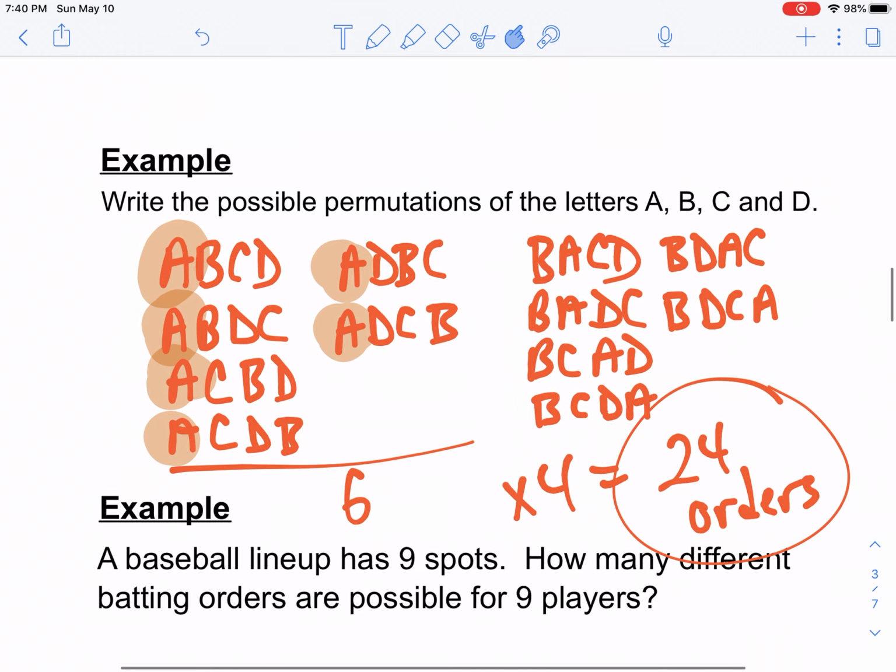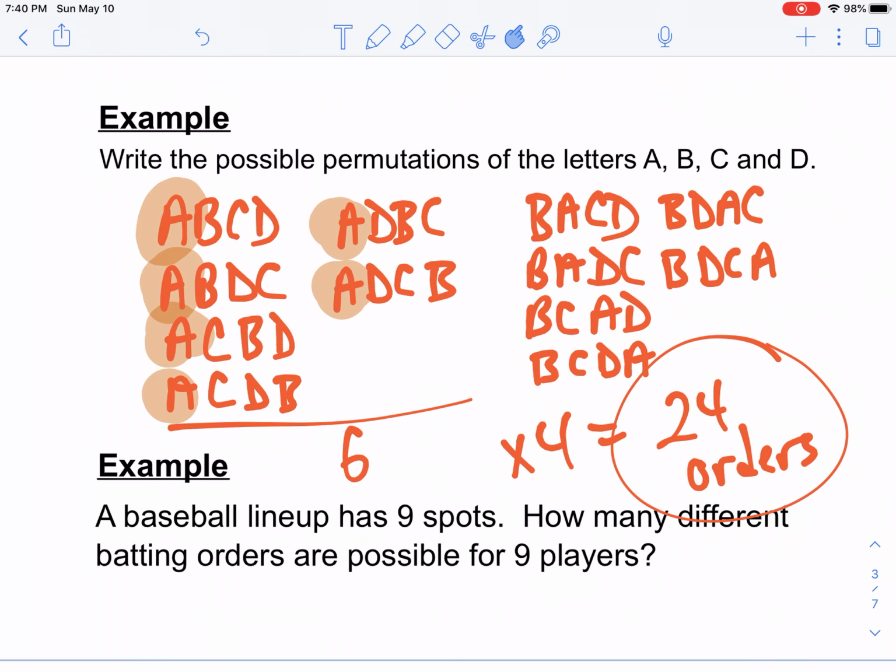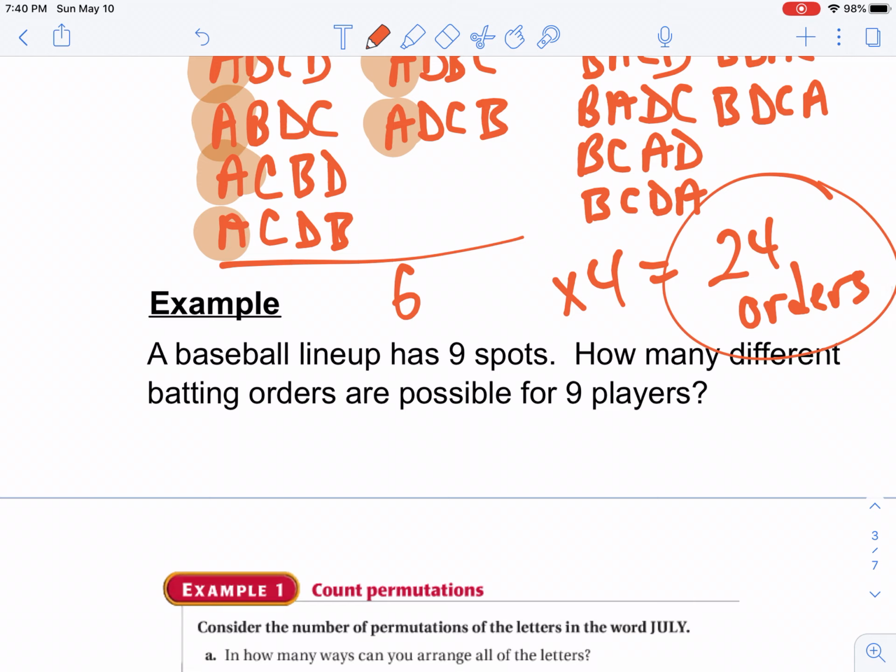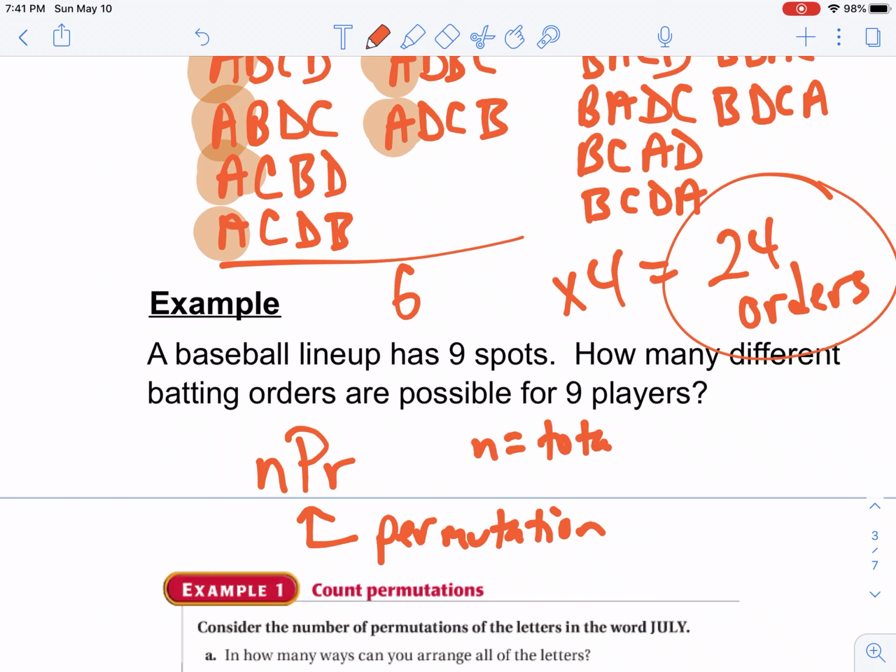So instead of writing all those out, there's a shortcut. In your calculator, there should be a button that says nPr. Okay? The P stands for permutations. The n and the r are how many total. So the n is the total number of selections, total possible selections, and the r is the number of selections that you're actually selecting, the number of actual selections.